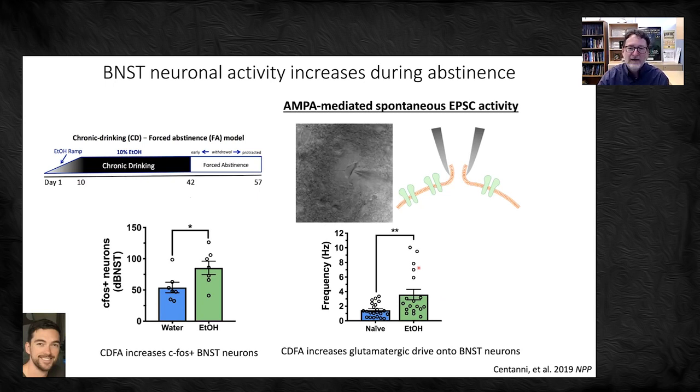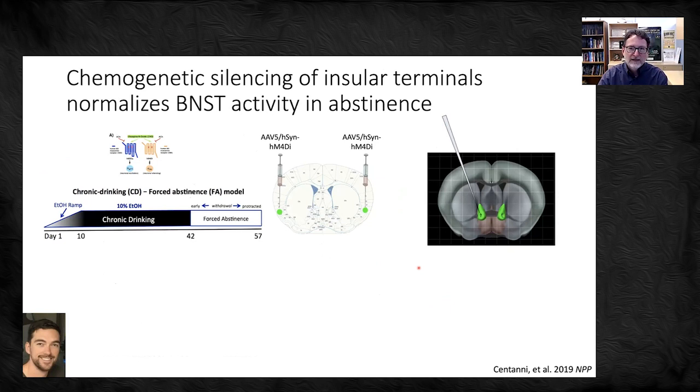But what's driving this increased input in each of these cases? To test the role of the insula in these processes, we repeated the DREADD-based strategy, but this time expressing the DREADD in the insula and expressing a different flavor of DREADD. So now we're expressing hM4Di instead of the hM3Dq.